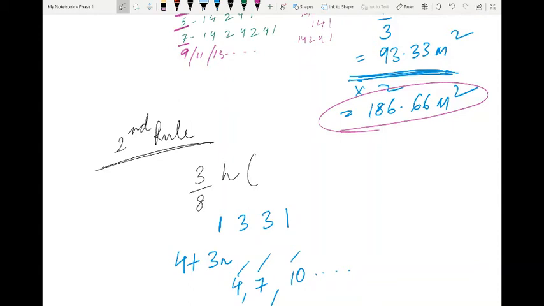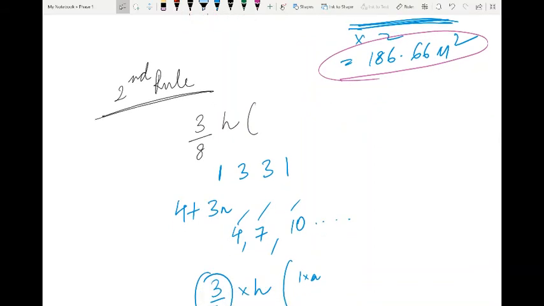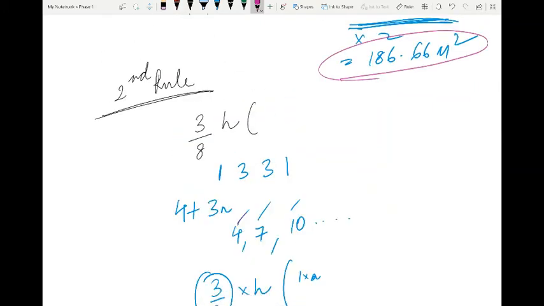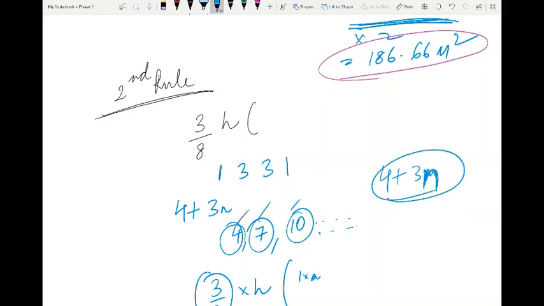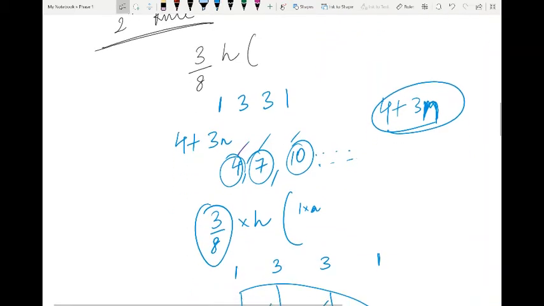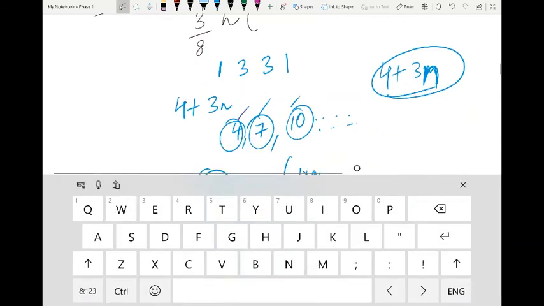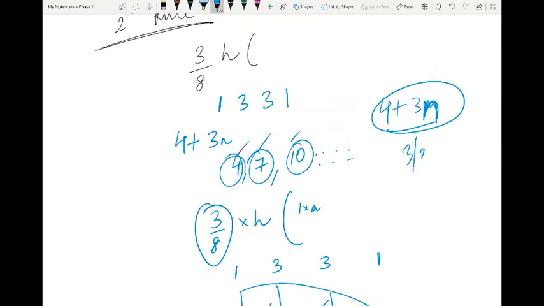So in Simpson's second rule, you can find out the area of a shape if you have 4 ordinates, 7 ordinates, 10 ordinates, and so on. The formula is 4 plus 3n. And the constant here in the second rule is 3 by 8.